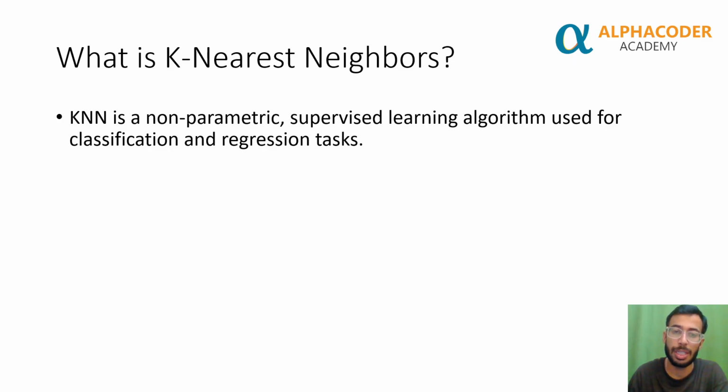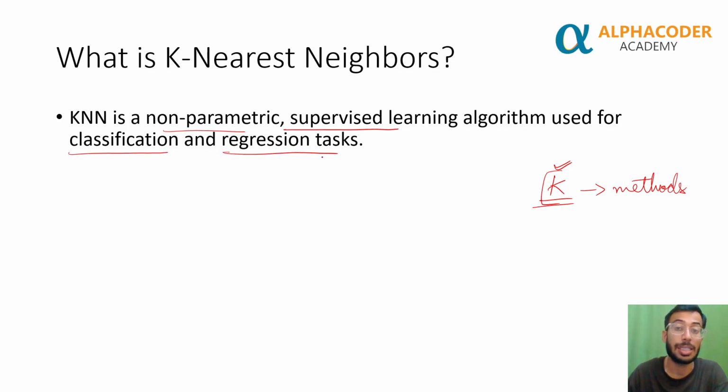So first let's try to understand what exactly is k nearest neighbor. There is one parameter, one variable that we need to look into, and that we will find using some methods, something like the elbow method or different algorithms that we work upon, to find out this variable k. Otherwise, the KNN algorithm is a supervised machine learning algorithm that is non-parametric, and that is generally used for classification and sometimes for the regression task as well.